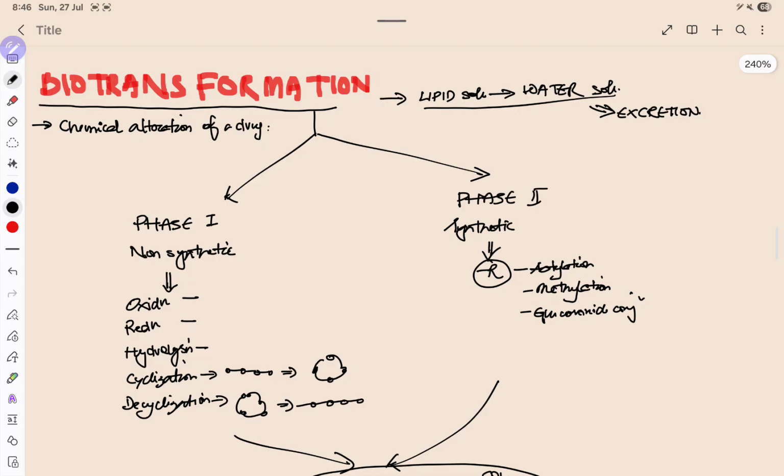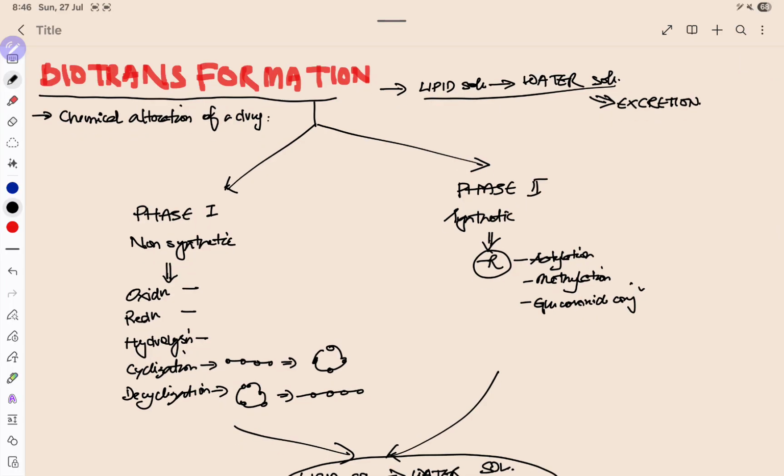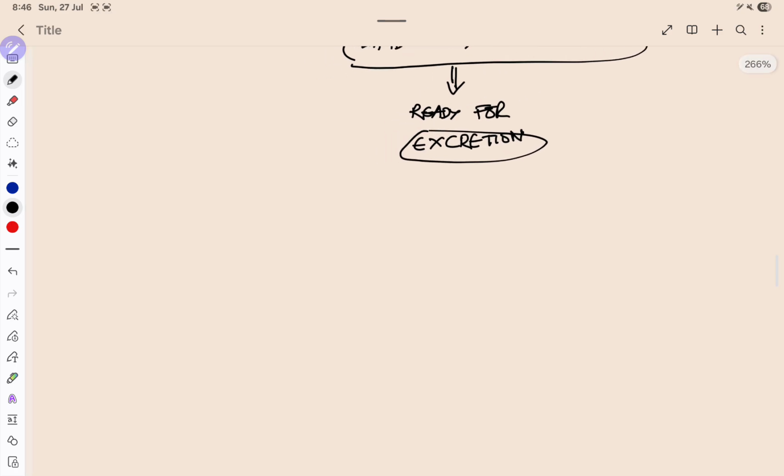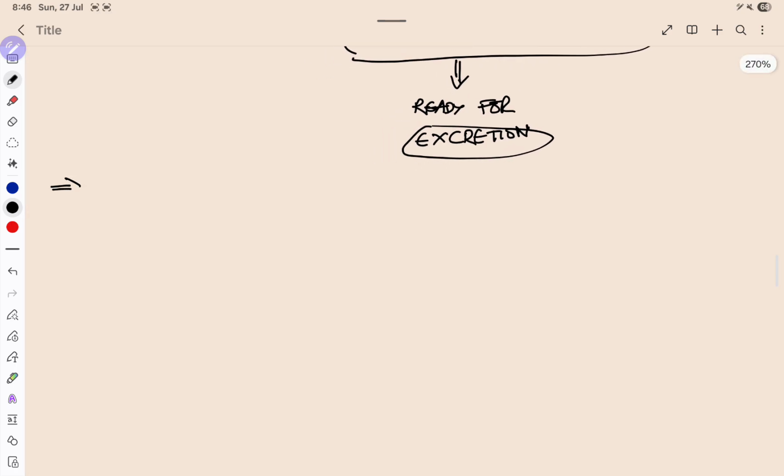This biotransformation or xenobiotics or metabolism has also some other functions. Not only conversion of lipid to water soluble, it could help in activation of a prodrug.